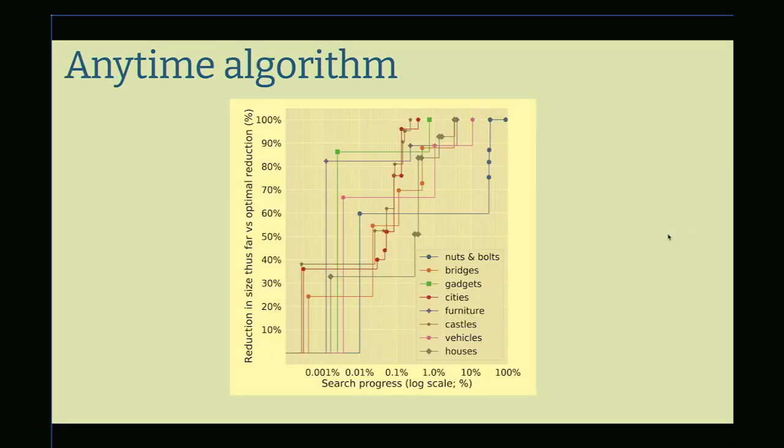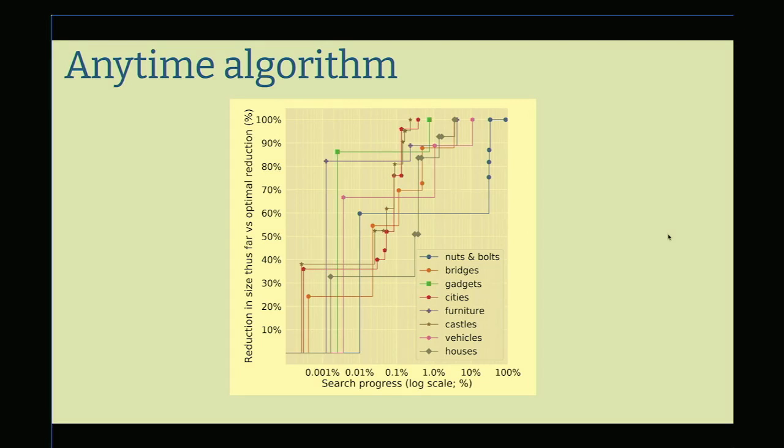Furthermore, Stitch is actually an anytime algorithm. So you saw that we were collecting a best abstraction so far along the way, and we can actually stop our search early and just return that best so far.